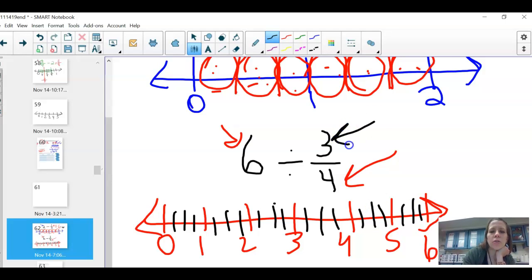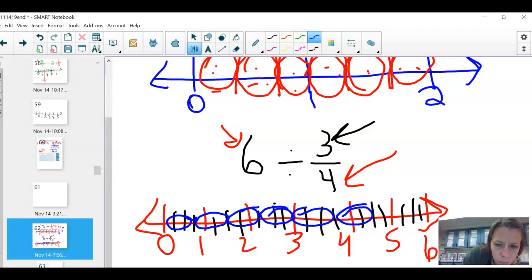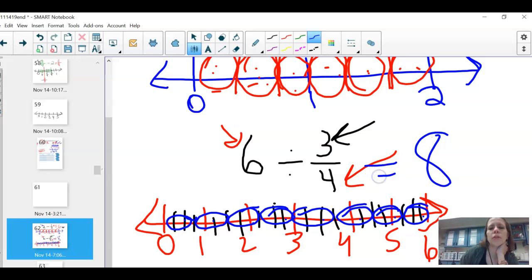Y entonces yo quiero 3 en cada grupo. 1, 2, 3. 1, 2, 3. Ah, perfecto. Y entonces yo voy a contar 1, 2, 3, 4, 5, 6, 7, 8. Equals 8. Okay? How did we do?